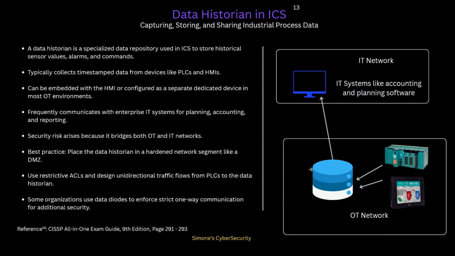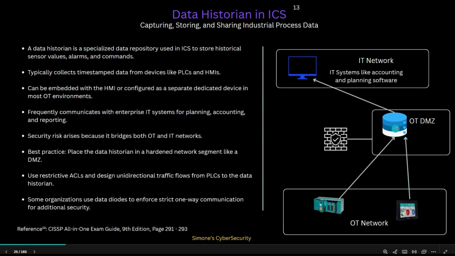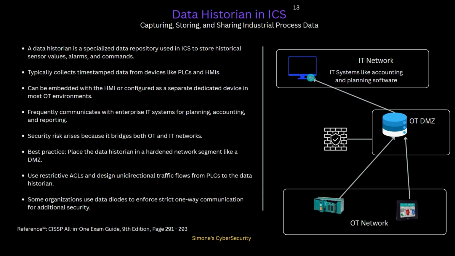Because of this dual role, the best practice is to put a data historian in a separate zone, that is, a demilitarized zone with restrictive access controls, so that all communication of the data historian is just one way. From here it can collect data, store and process it, and from here it can transfer it to the IT systems.